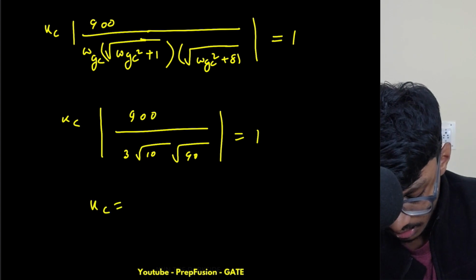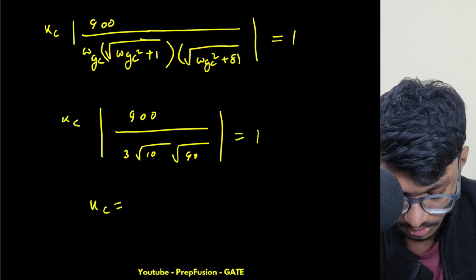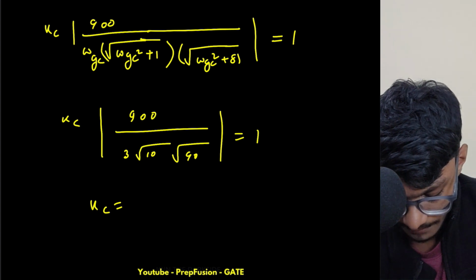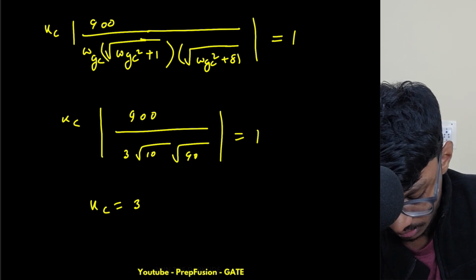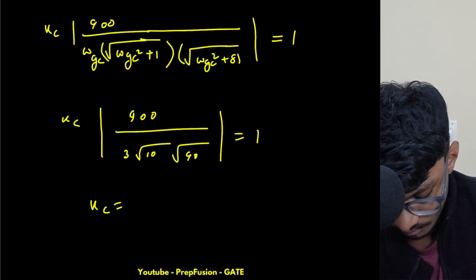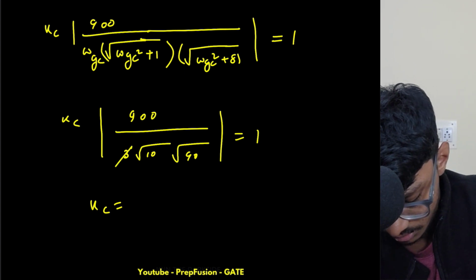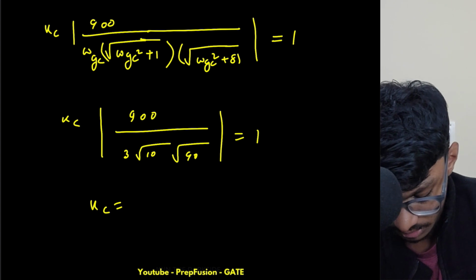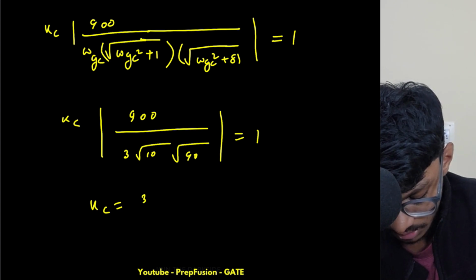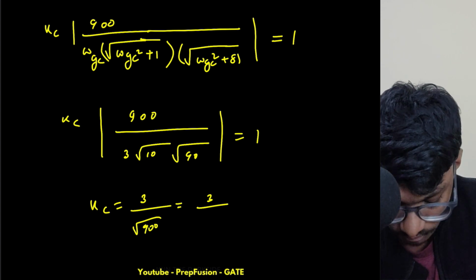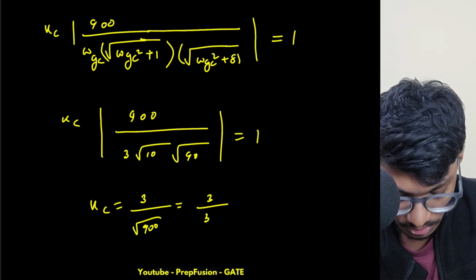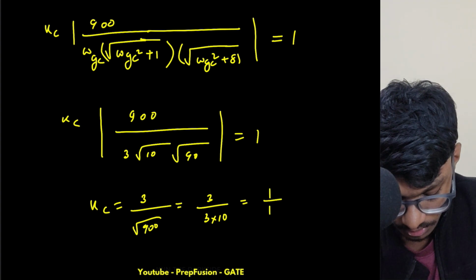So Kc will be simply equal to 3 by under root 900, which is 3 by 9 into 100, which is 3 by 30, so 1 by 10.